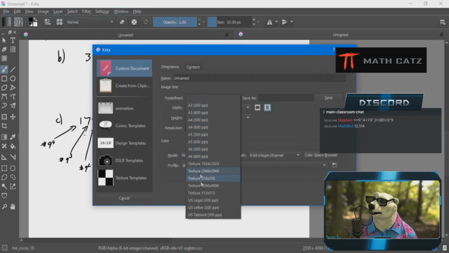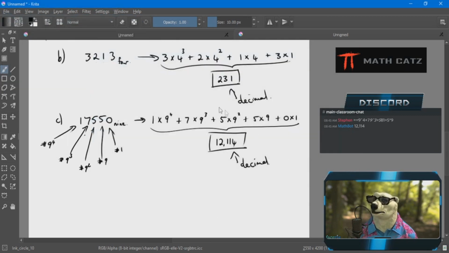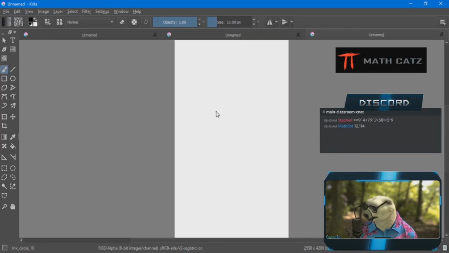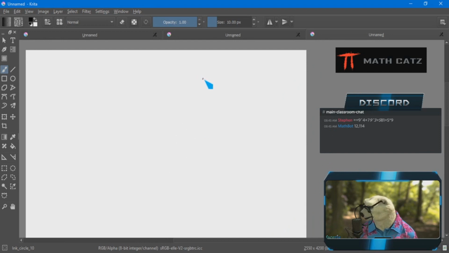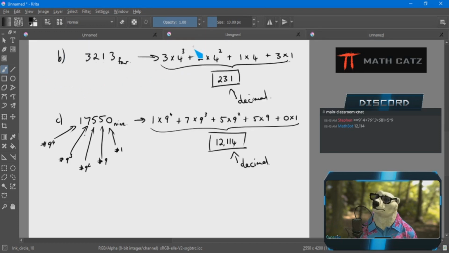Let's convert the other direction. And here is where I feel it's more important to be consistent and to plan. How am I going to lay out my answer? How am I going to present my answer?